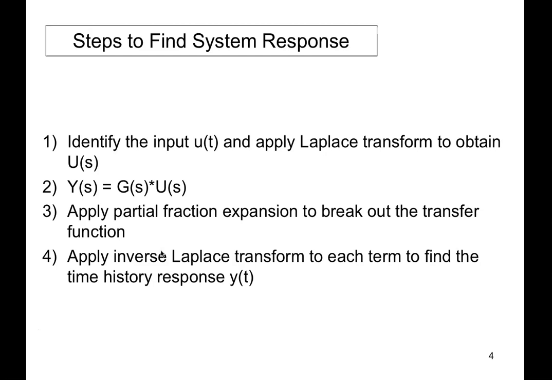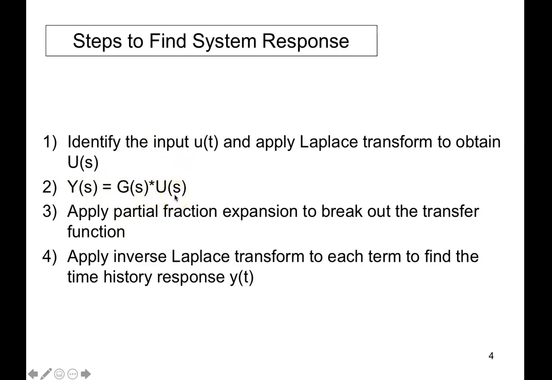That's the first step. Second step is to multiply the transfer function by what we obtained in step 1, which is the Laplace transform of the input. So second step, Y(s) equals G(s) times U(s).